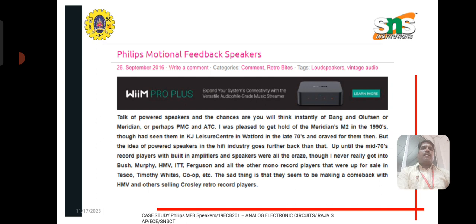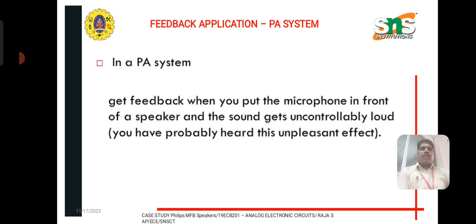Many companies, such as Sony, JBL, and some local companies, also implemented it, but Philips used feedback as the first medium to apply this concept in speakers. This is how a general PA system looks. A general PA system gets feedback when you put the microphone in front of a speaker and the sound gets uncontrollably loud. So if you want to control it, we need to control the input of this speaker.